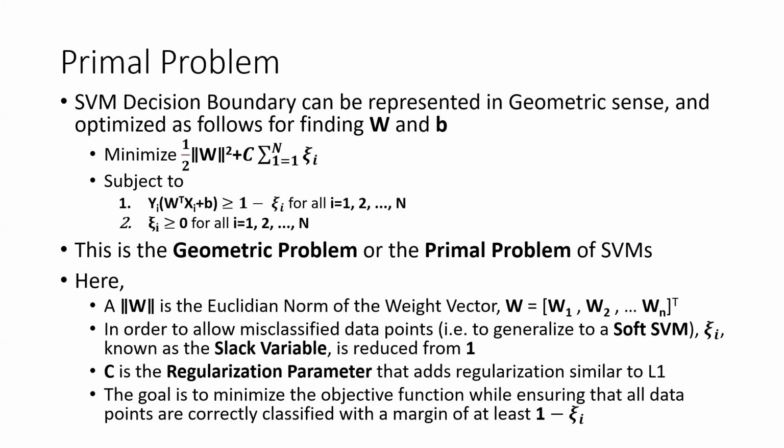The same problem can be explained in two different ways: one is known as the primal problem, the other is known as the dual problem. The same problem, but we explain it in two different ways for different reasons. We will explain why we are doing it.